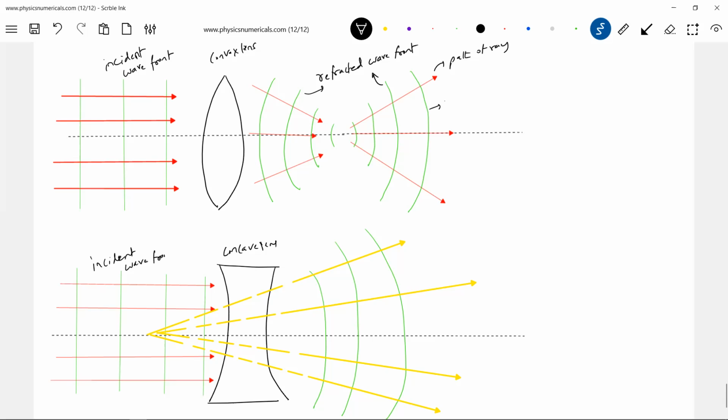Incident wavefront, refracted wavefront.